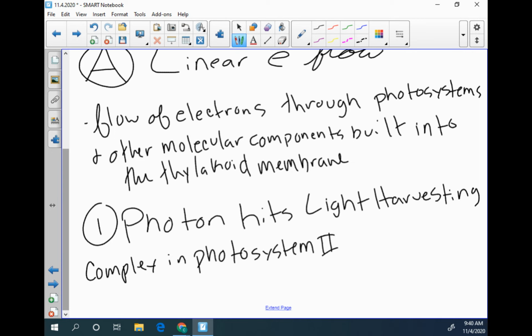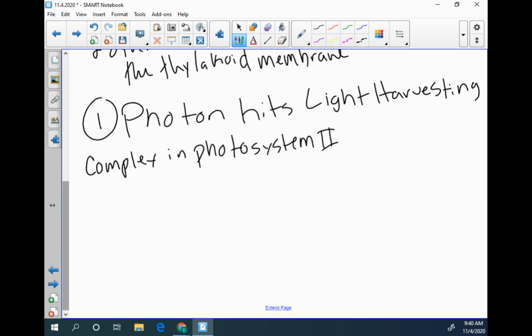Remember, photosystem 2 happens before photosystem 1. So a photon is going to hit that light harvesting complex in photosystem 2.